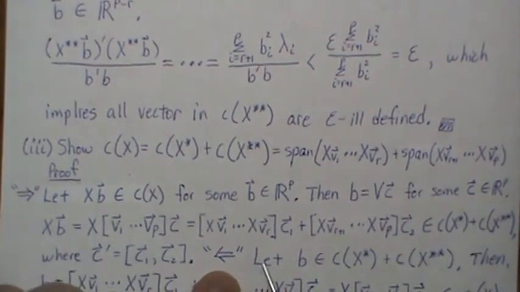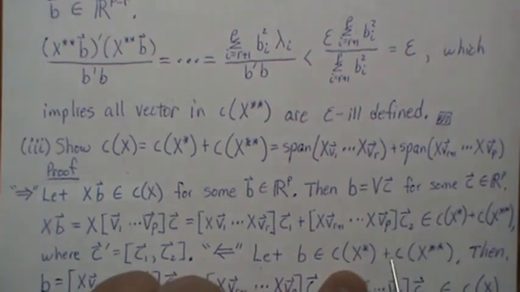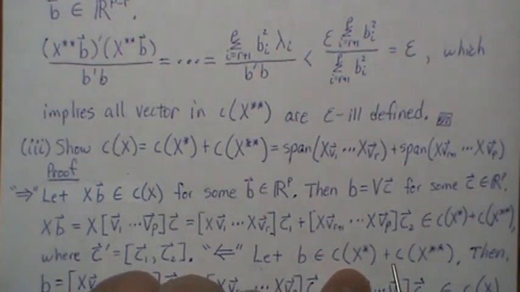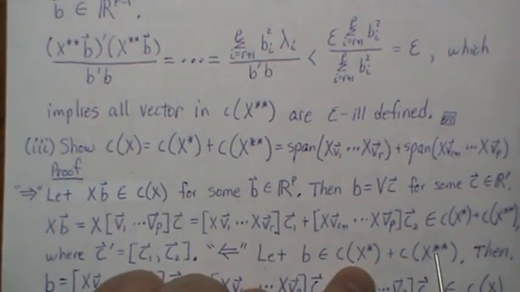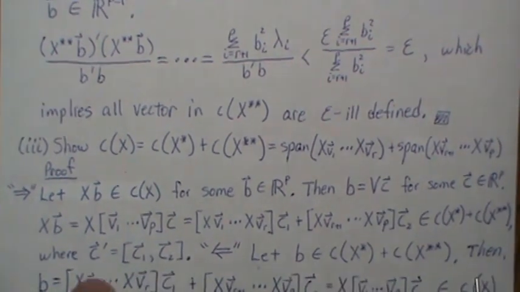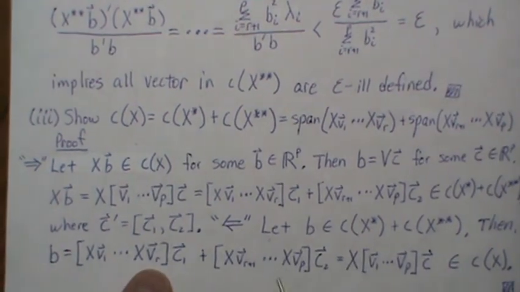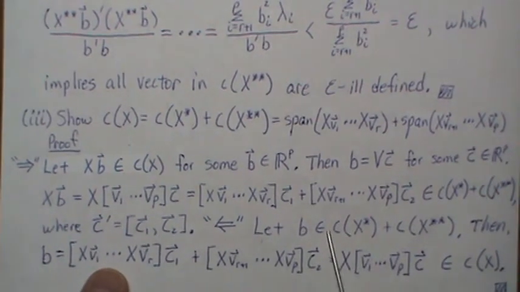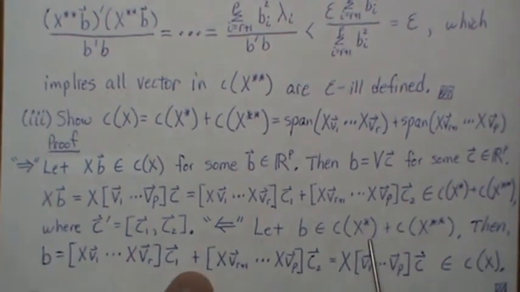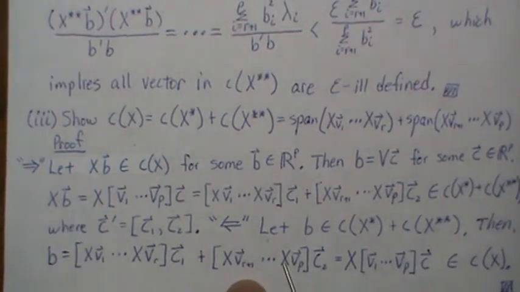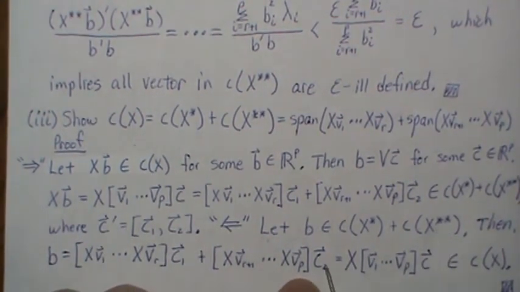Now let's go the other way. So let's let b be in this subspace, the column space of X star plus the column space of X double star. Then b can be written like this. So it's a linear combination of the columns of X star plus a linear combination of the columns of X double star.